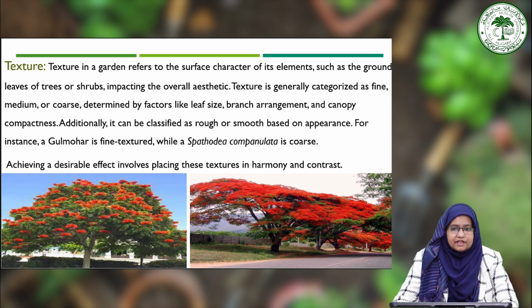Additionally, texture can be characterized as rough or smooth based on appearance. For example, the gulmohar tree exhibits fine texture when in full leaf, while the Spathodea campanulata presents a coarse texture. Achieving a desirable effect entails harmoniously and contrastingly placing these varied textures within the garden.